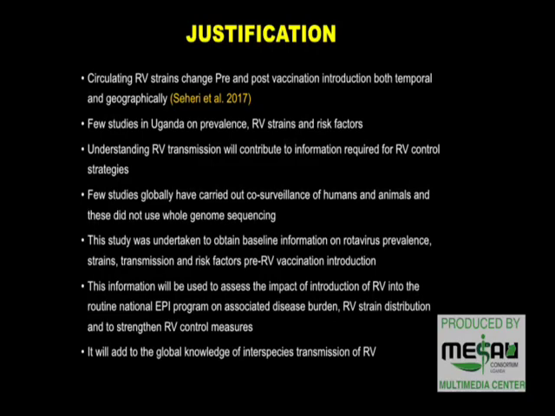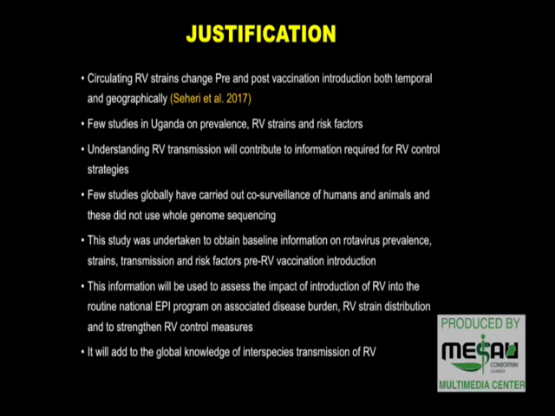Few studies have been carried out in Uganda on prevalence, rotavirus strains, and risk factors, and no studies have been carried out on transmission, which we need for the control strategies. Globally, few studies have been carried out on co-surveillance of humans and animals using whole genome sequencing. These studies would really help us to understand these transmission problems.